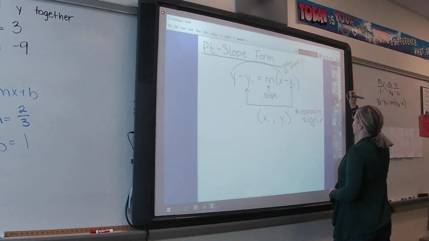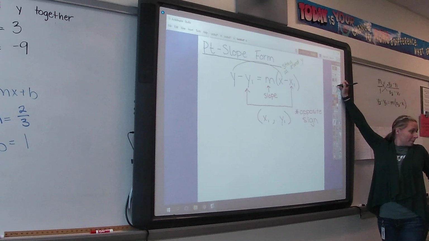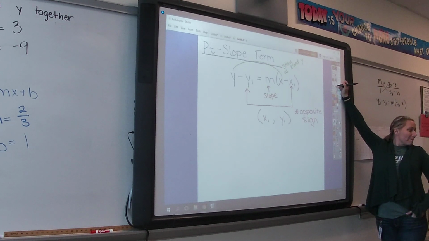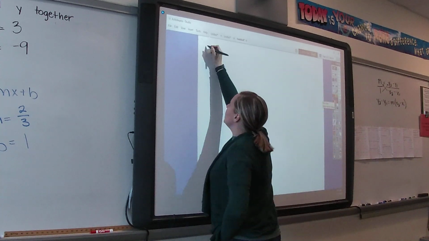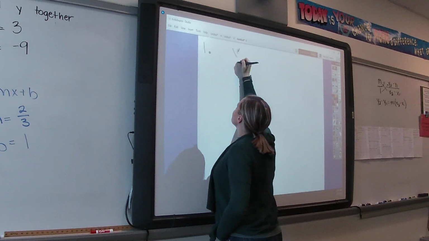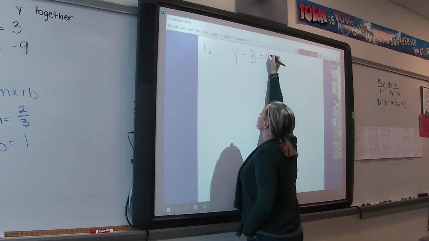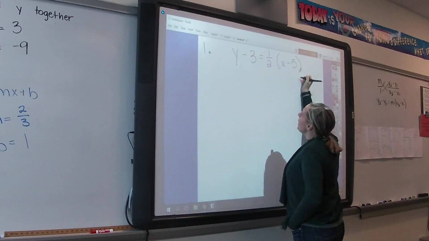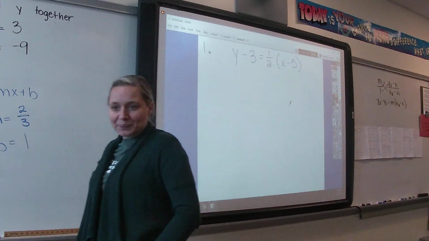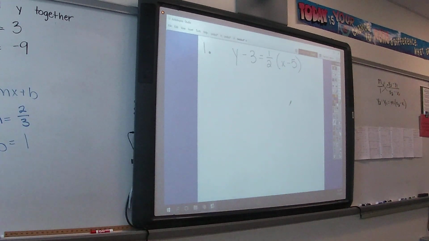Okay, so we're going to look at a couple examples here. So if we were given y minus 3 equals 1/2 times x minus 5.